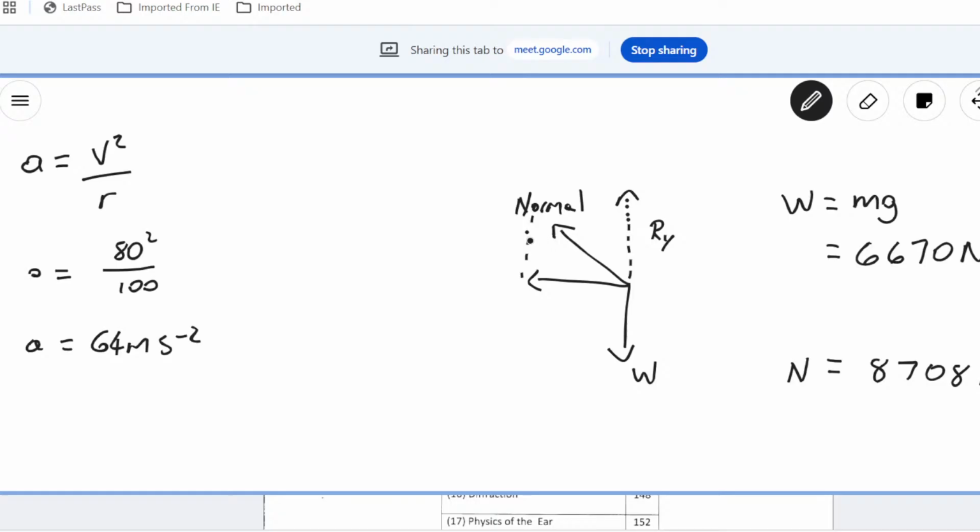Yeah, that 50 is actually here. So this is something you have to remember when it comes down to banking angle. It's here.